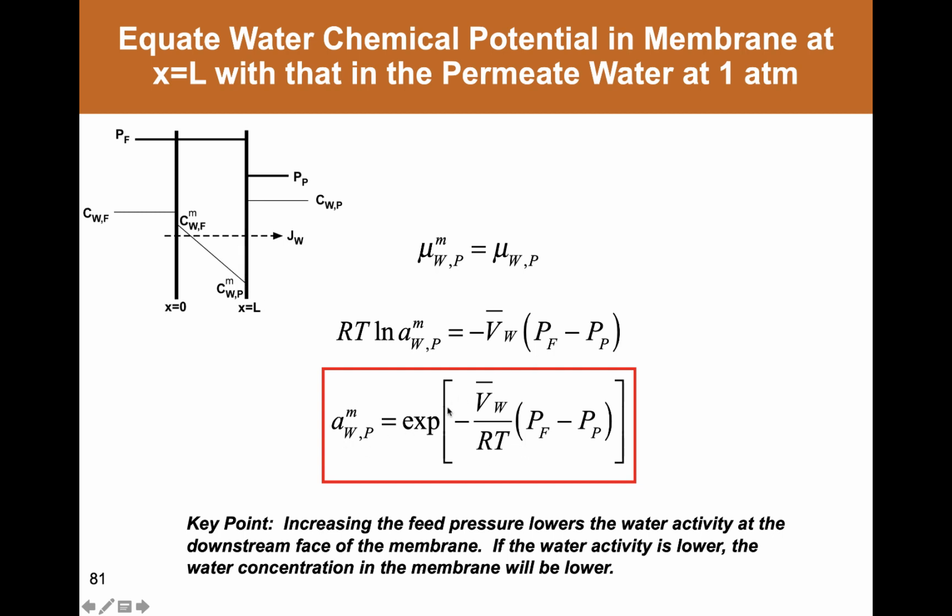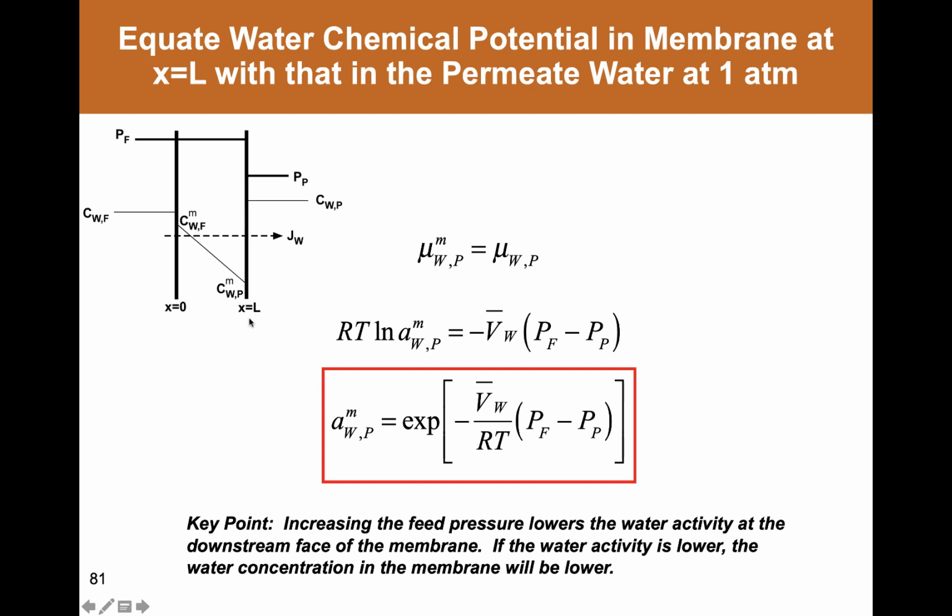Raise the feed pressure, note the negative sign here, lower the thermodynamic activity of water in the membrane. And as the activity of water in the membrane goes down, as feed pressure goes up, the concentration of water in the membrane has to go down. And this has been described in the literature as, as you raise the feed pressure, you're squeezing the water out of the downstream side of the membrane.